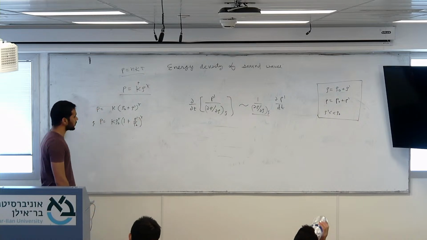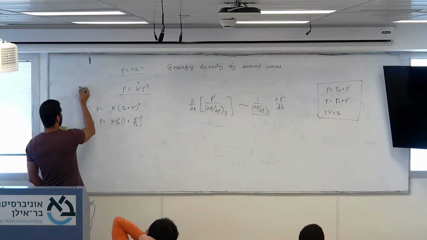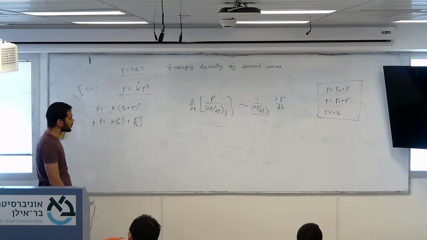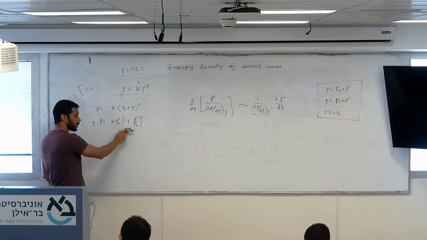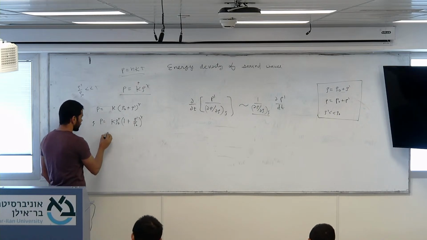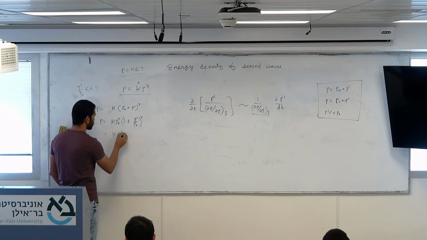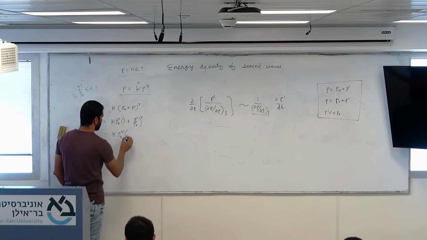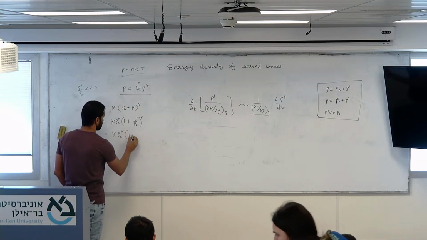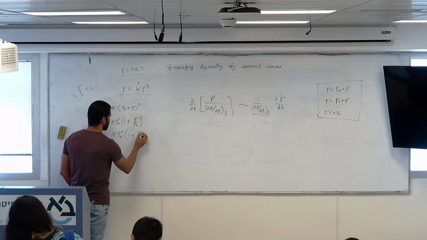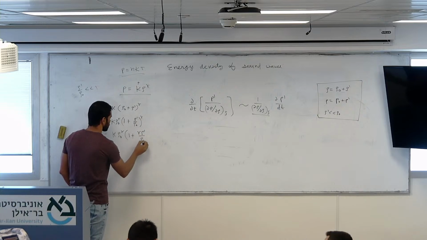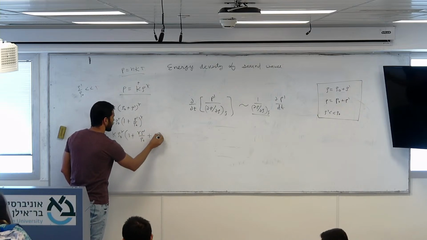Now this rho prime over rho 0 is much smaller than one, so I can expand this in a Taylor series. And there are second order terms.